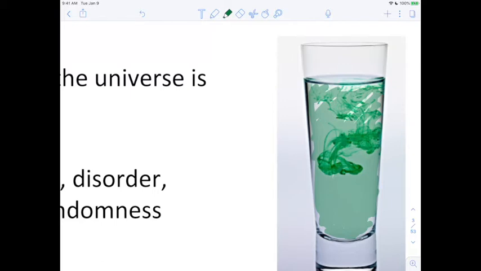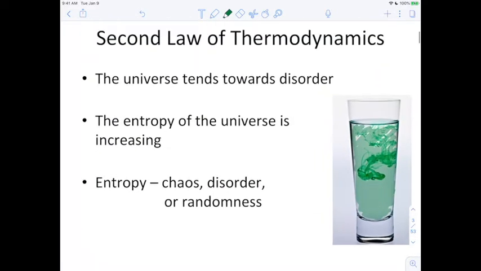So one of the arguments against this idea that everything's tending towards disorder is they say, well, what about human beings and animals? We're very orderly beings, right? We have organ systems, we have muscle systems, we have all this stuff going on that's very orderly. So doesn't that go against the second law of thermodynamics?